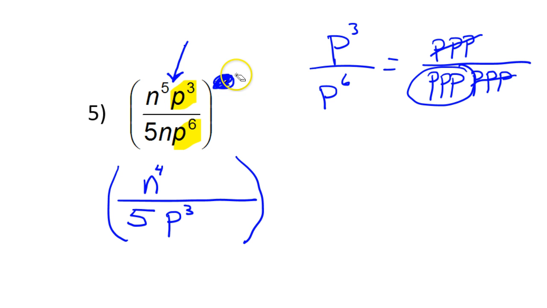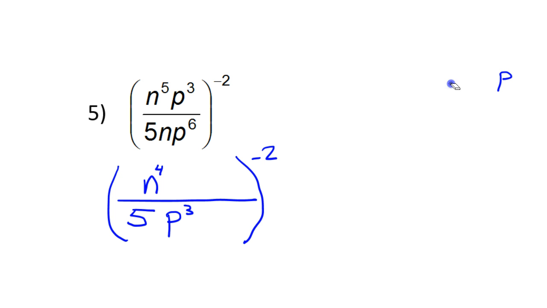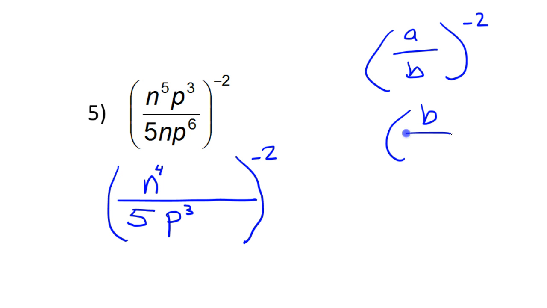Now, temporarily, we ignored the fact that this was -2. But now it's time to deal with that. So I have all of this to the -2 power. So here's a principle that we can use. If you have a fraction raised to a negative power, like a over b to the -2 power, that would be the same thing as b over a to the +2 power.